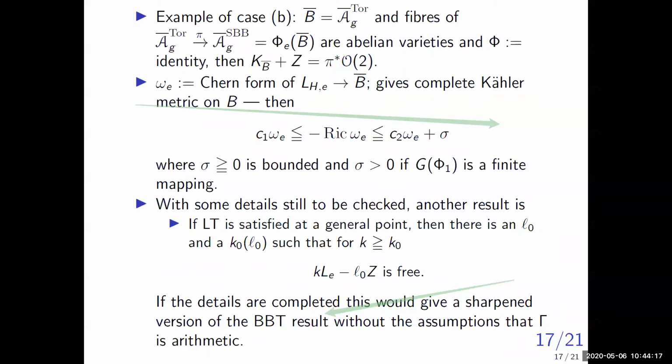So the canonical plus Z is actually the pullback of the line bundle on Satake-Baily-Borel whose sections are automorphic forms of weight 2. So in the classical case, K of B bar plus Z is the automorphic form line bundle. In the non-classical case, it can be ample.